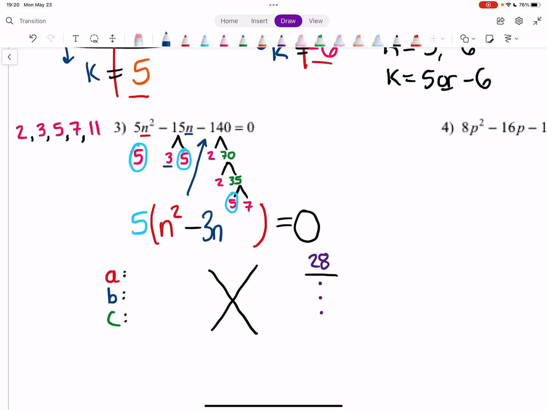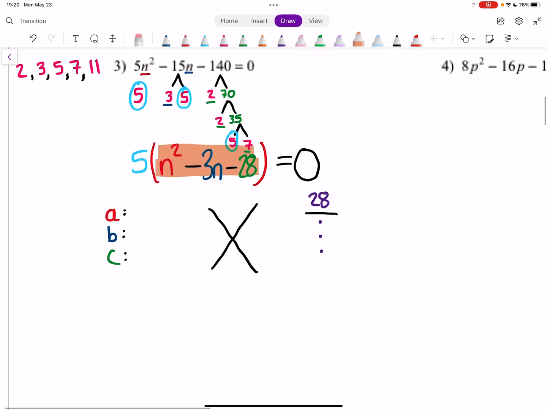Again, looking back up to the original problem to see that I separate with a minus sign. And then what's left in the very last piece is the 2, the 2, and the 7. And when I multiply 2 times 2 times 7, I get 28. So now what we're going to do is just look at what is in the parentheses and treat that as our new trinomial to be factored.